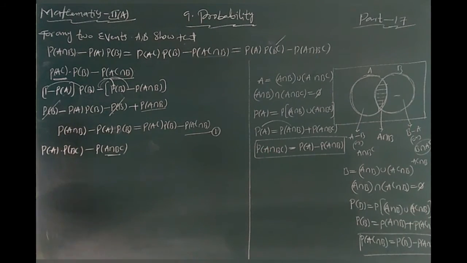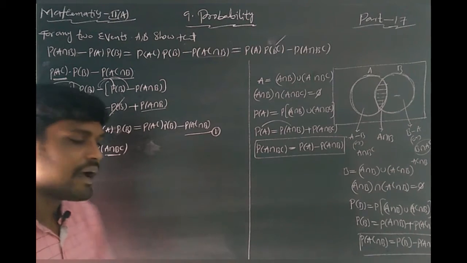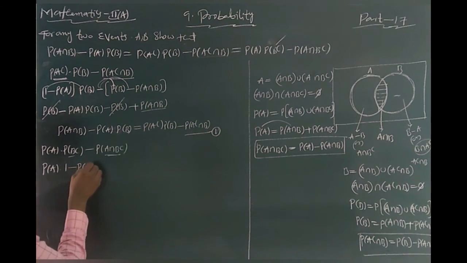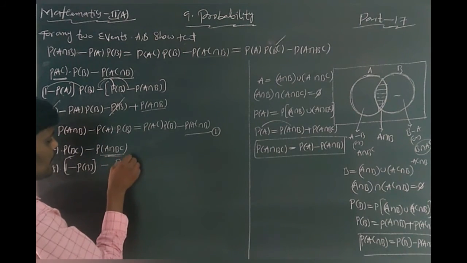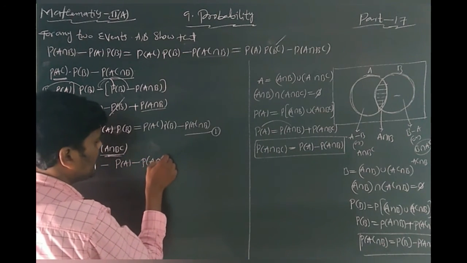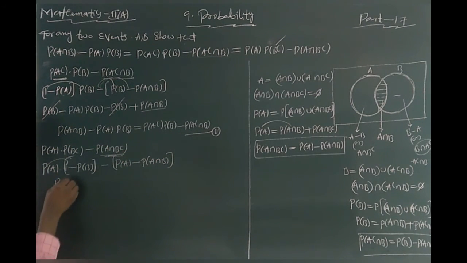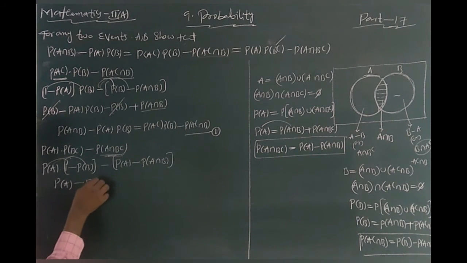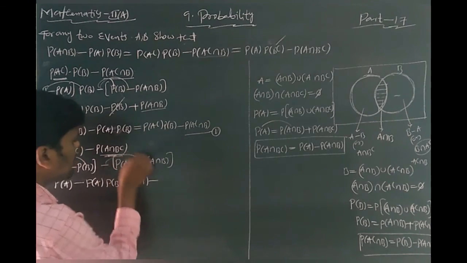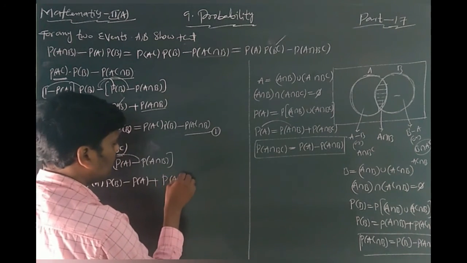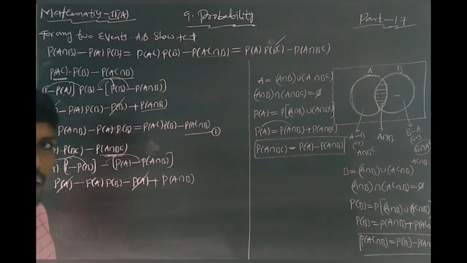Similarly, P of B complement is nothing but 1 minus P of B. After that minus this value, P of A minus P of A intersection B. Now multiply: P of A into 1 is P of A, minus P of A into P of A minus P of A intersection B... Here minus P of A plus P of A get cancelled.